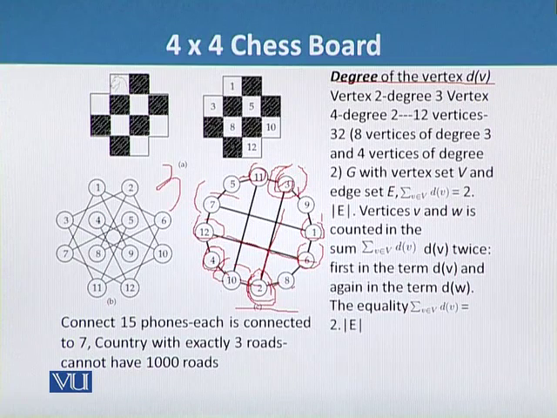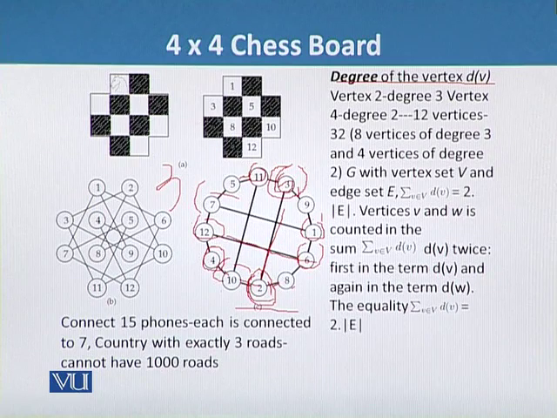So it means that in any graph, the sum of the degrees of the vertices will be twice the number of the edges in the graph. So this is not a coincidence. It happens in all graphs.